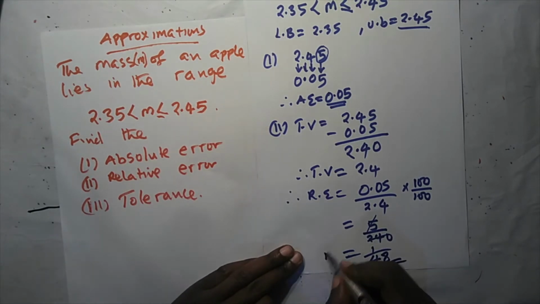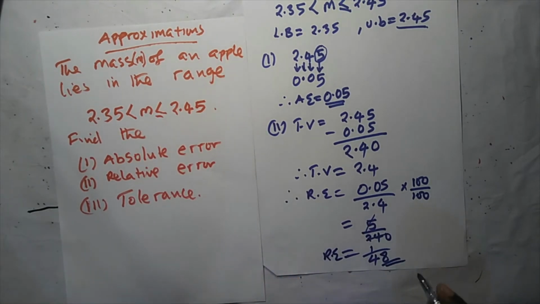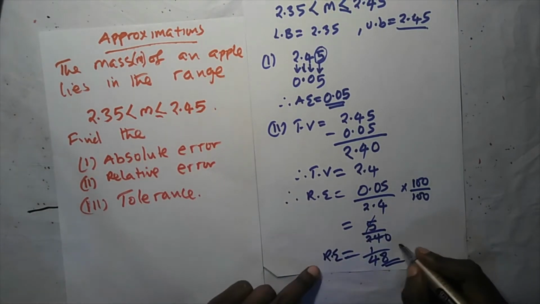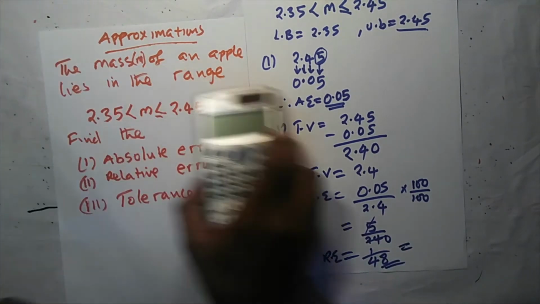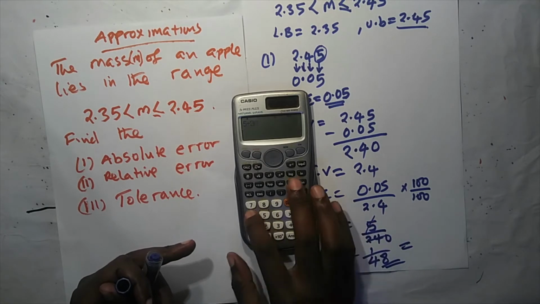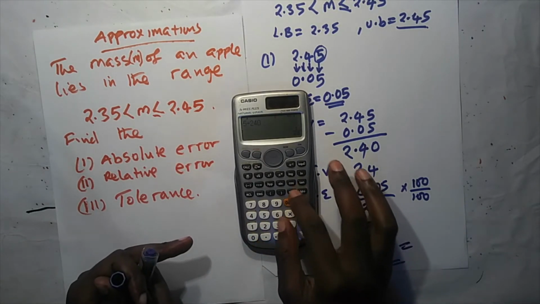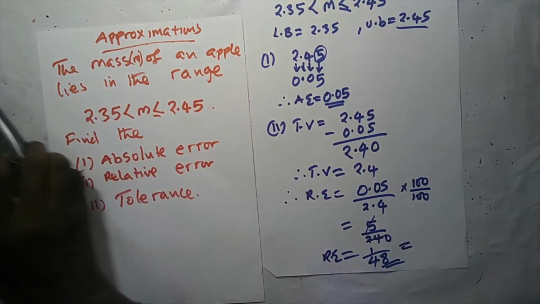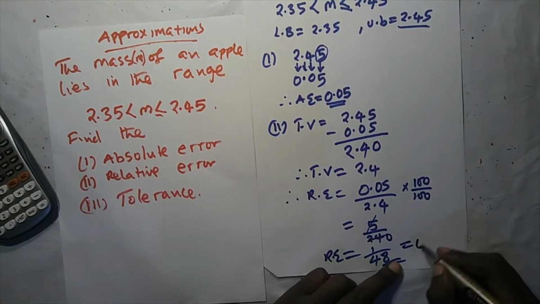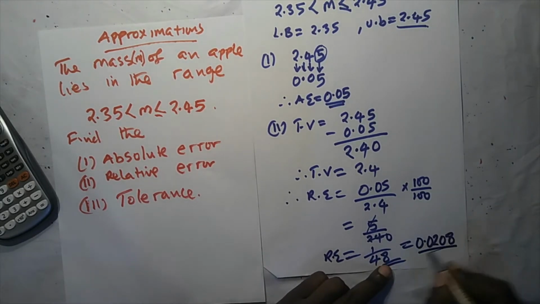And so this is our relative error, 1 over 48, which we can also find in decimal form using our calculator. 1 over 48 will give us 0.0208 as the relative error.